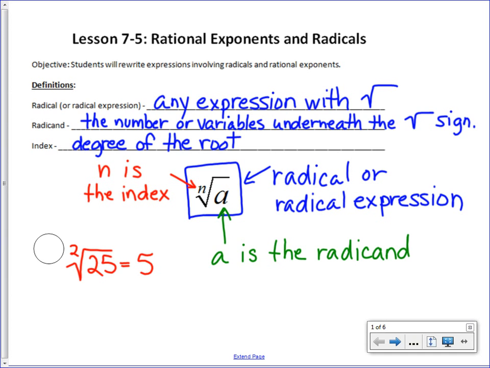It's kind of like the exponent of 1 in an exponential expression. We don't show it, we take that as being understood. And the same is true with a square root. If it's something other than a square root, such as a cube root or the fourth root or the fifth root, then we have to show a number for the index.